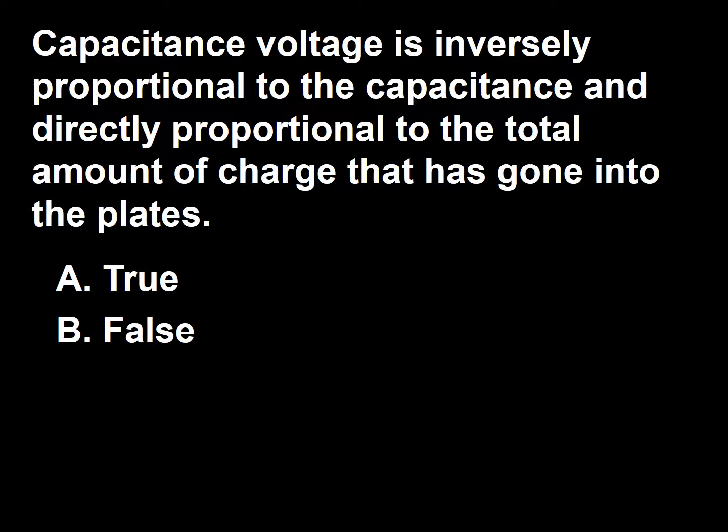The next question is: capacitor voltage is inversely proportional to the capacitance and directly proportional to the total amount of charge that has gone into the plates. A, true, B, false. The confusing point in this formula is the elongated S that stands for integral.